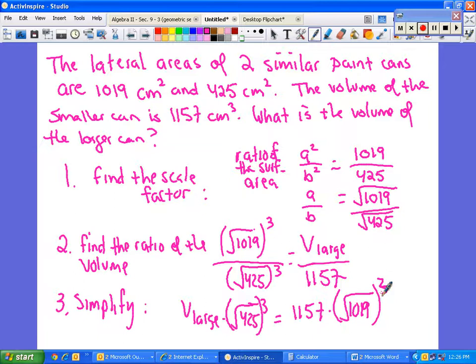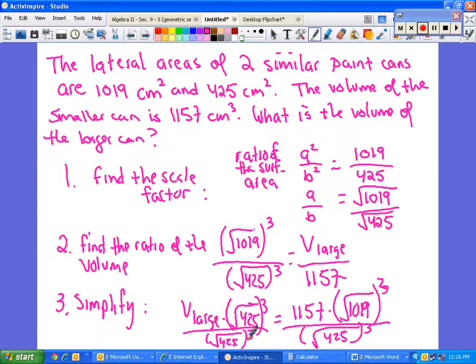So we're going to do this divided by the square root of 425 raised to the third power. We divide both sides by the square root of 425 raised to the third power. Once you get to this step, now you plug all those numbers into your calculator.